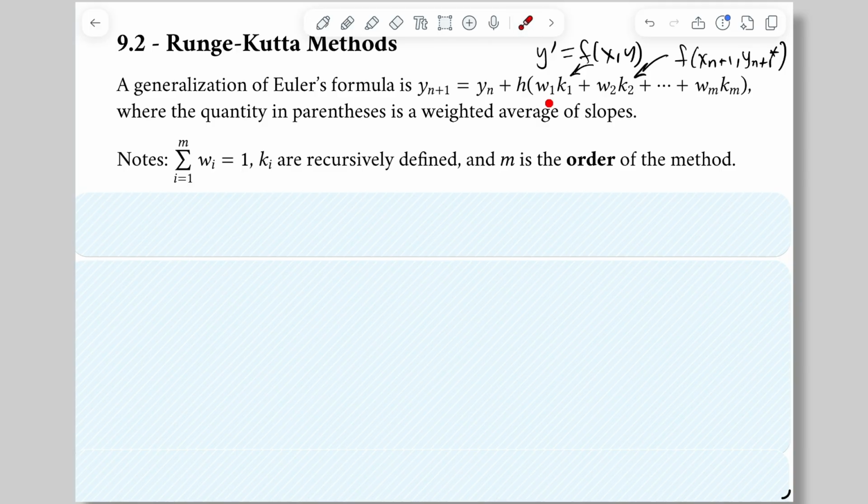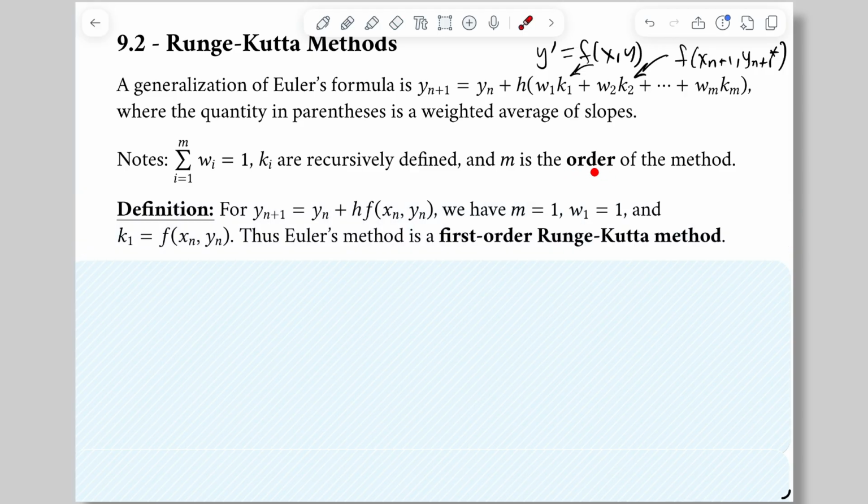Now, instead of considering an average of two slopes, we're considering a weighted average of k slopes. The weights w1 through wm add up to 1, and as we saw with the improved Euler's method, the k values for the slopes are recursively defined.